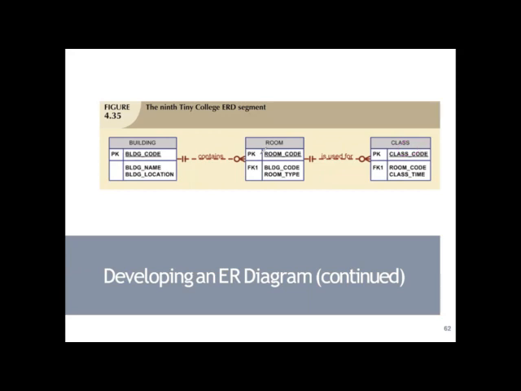Building to room has the relationship contains. Room to class has the relationship is used for. And we can see that building code became a foreign key in room, and room code became a foreign key in class.